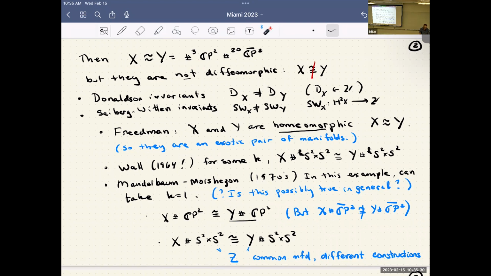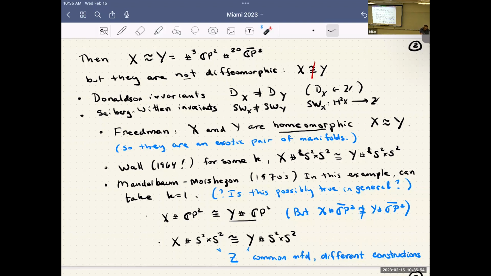Quite striking. Both sides of that are, so this symbol, without the slash through it, is supposed to be diffeomorphism. He did this by introducing what everybody called Donaldson invariants, a certain invariant which in this case could actually just be an integer.